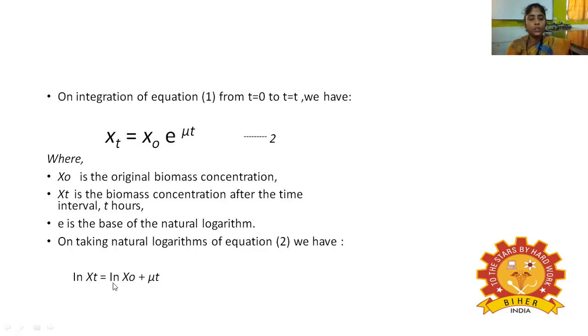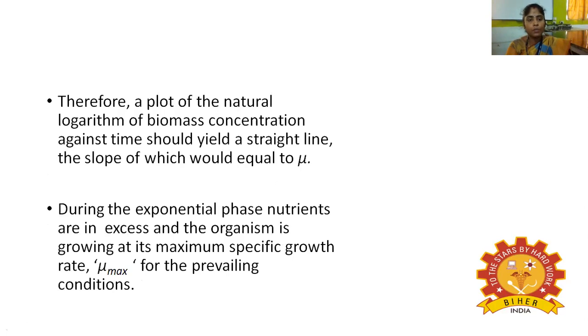Whereas x0 can be found from the intercept value. So when we plot a graph of the logarithm of biomass concentration on the y-axis against time t on the x-axis, it leads to a straight line in which the slope is mu, the specific growth rate of a microorganism. The specific growth rate is always denoted as mu, and the unit is time inverse.